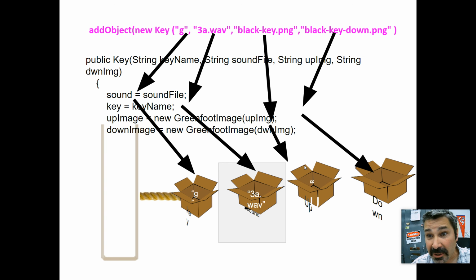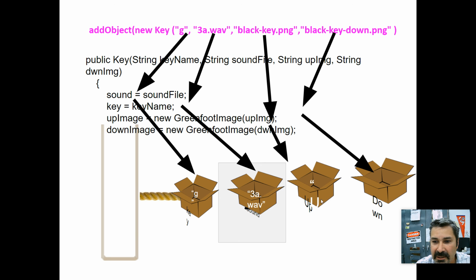And then for the up image, it's getting stashed in up image, going from up image to up image, and going from down image to down image, right? So it's storing the black key.png and the black key down.png permanently in these instance variables. These things belong to the instance of the class, that object in the world, right?